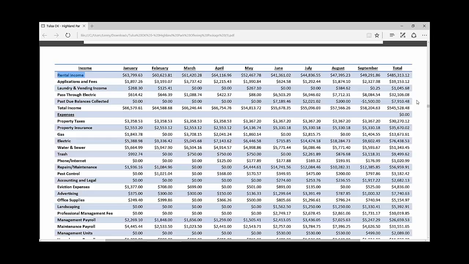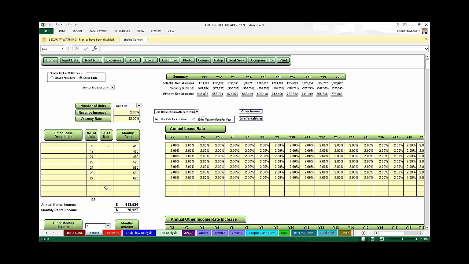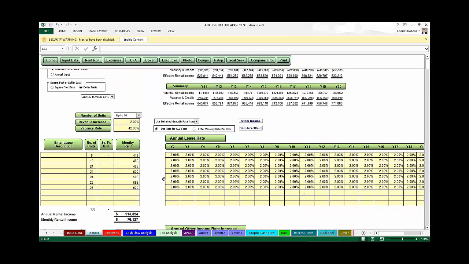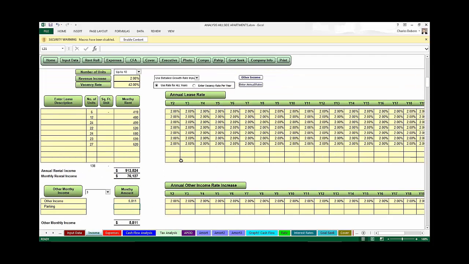I divide that by 9 and multiply it by 12. 69,000. So that means when I go back to the spreadsheet here, under other income, the monthly amount is $5,800. Let's try that again. So that gives me the total rental income and the total other income section for the property.